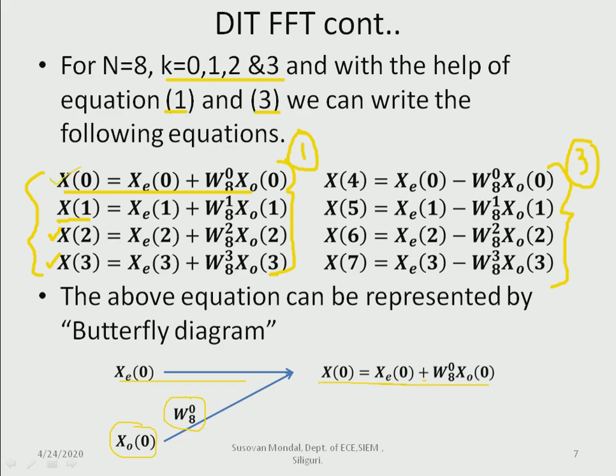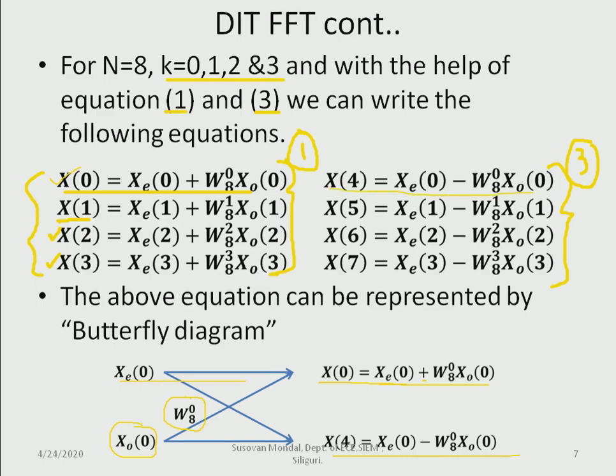Now see, x even of 0 will come here, then x odd of 0 will be multiplied by W8 of 0 and subtracted here. So here it is added, but it is subtracted here. This equation is actually this equation.